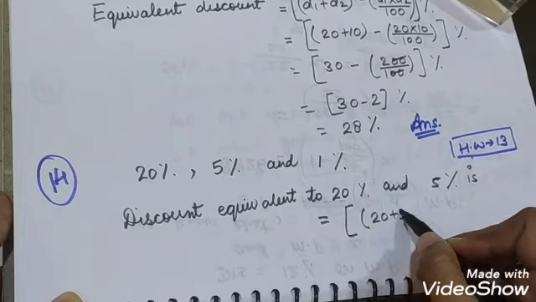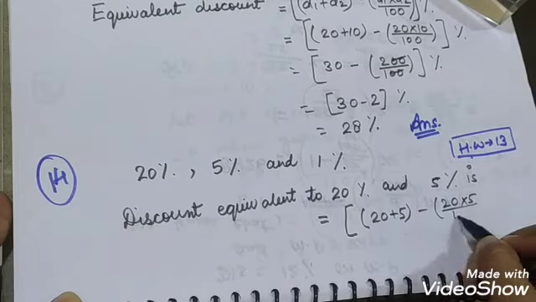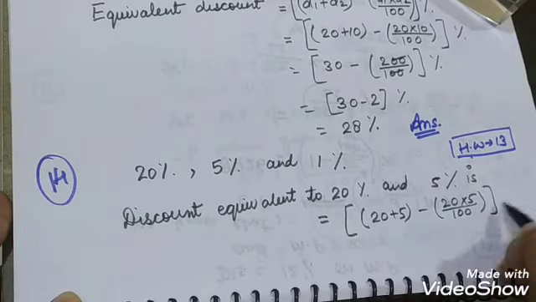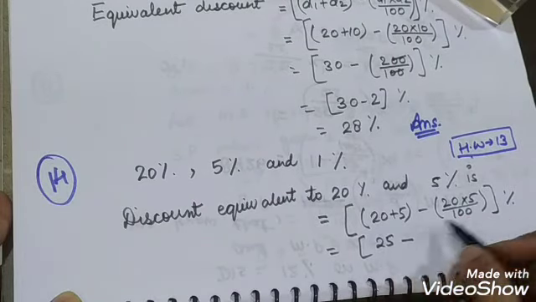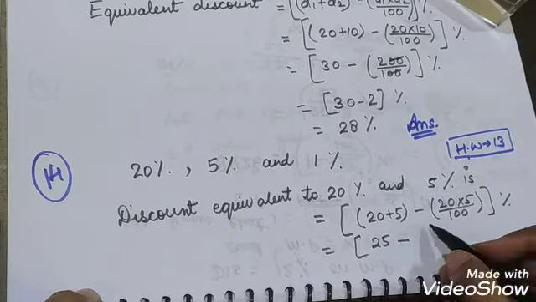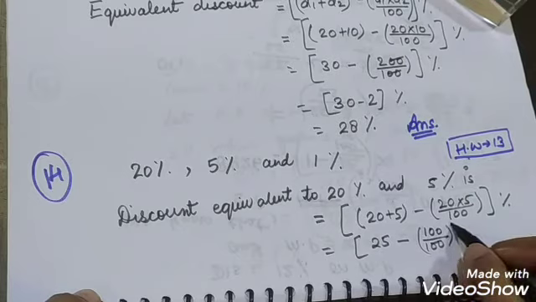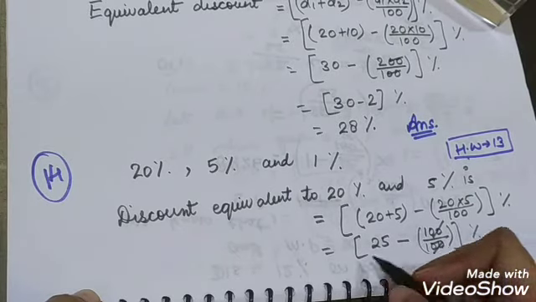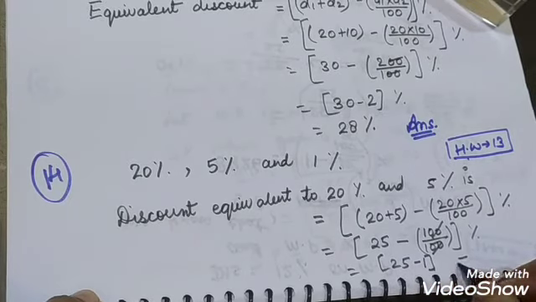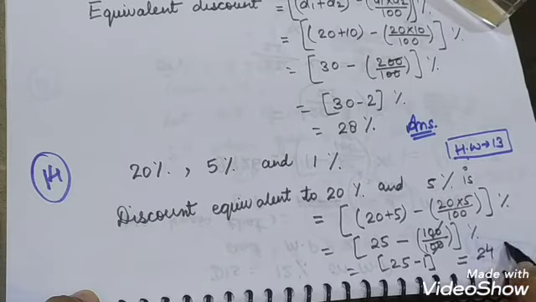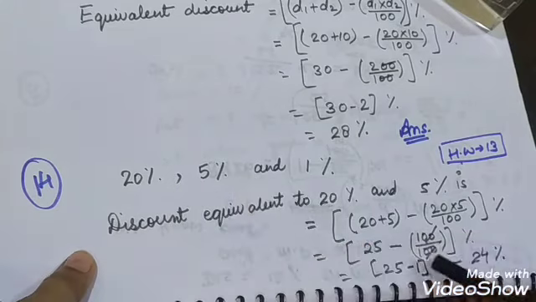So 20 plus 5 minus 20 into 5 upon 100. And then we solve, it comes out to be 25 minus 20 into 5 is 100, upon 100 comes out to be 1. So it will be 25 minus 1, which is equal to 24%. Means a discount which is equivalent to these two is 24%.